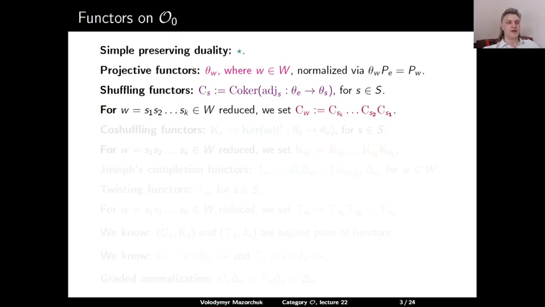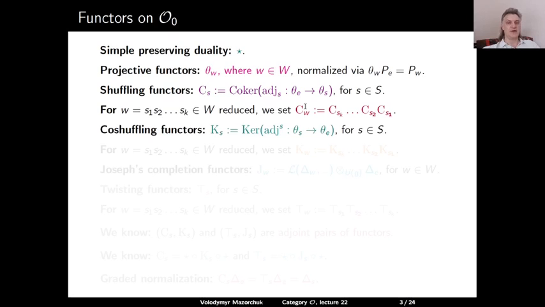Further, for a reduced expression W equal to S1, S2, and so on Sk of an element W in W, we denote by CW the composition CS1 followed by CS2 and so on followed by CSk. Please note that the composition is in the reversed order compared to the original reduced expression. And we know that up to isomorphism, the functor CW does not depend on the choice of a reduced expression.